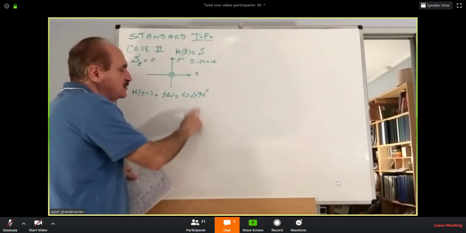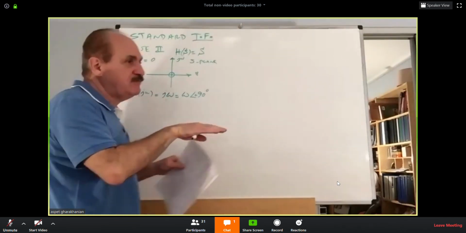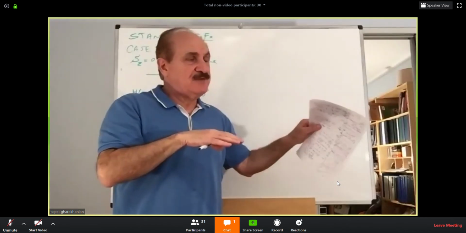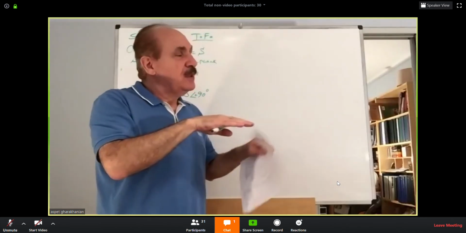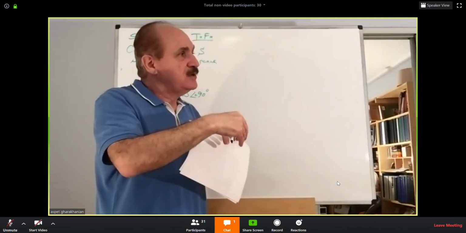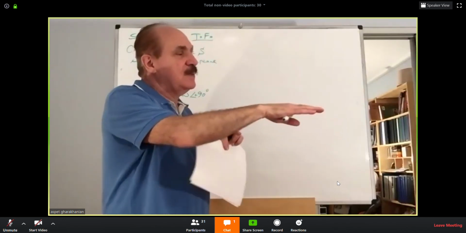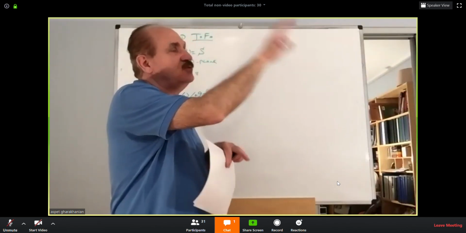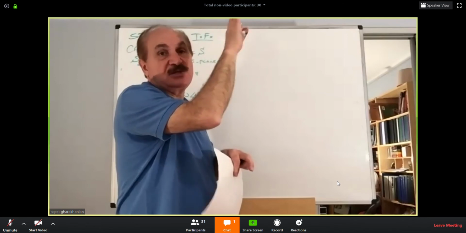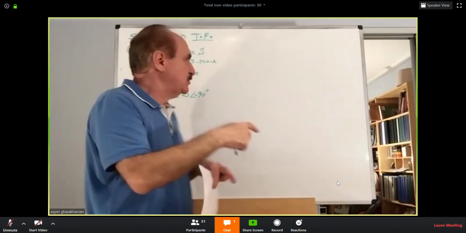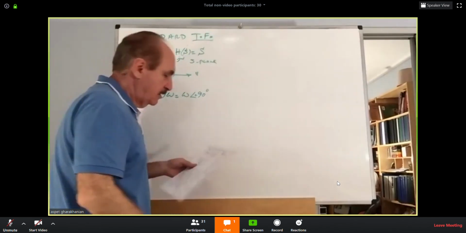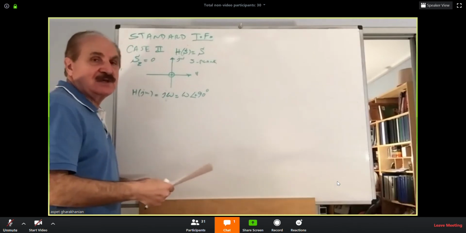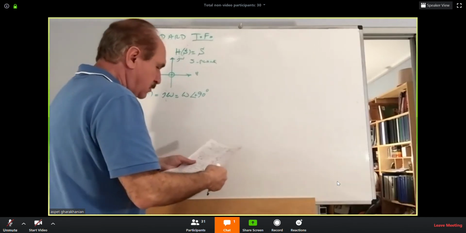So if you apply a sinusoidal input to a system that has a zero, it's going to give you an output which will cause the phase to shift 90 degrees leading with respect to the input. That's the meaning of this angle. It will lead by a fixed 90 degrees.